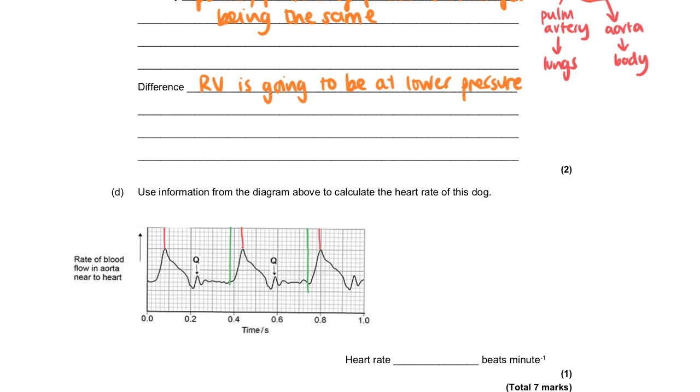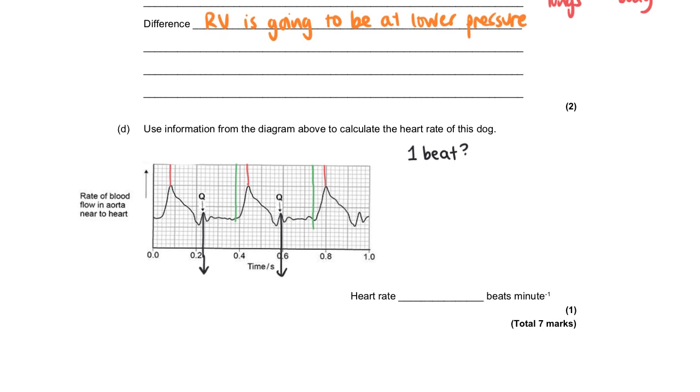So the first thing I need to know is how long is one beat. Okay, and one beat is shown from the point of one wave to the same point on the next wave. And handily in this graph, they've mapped on 2 points for me, which are Qs. So I'm just going to draw 2 lines going down to my x-axis that show me where the Qs are.